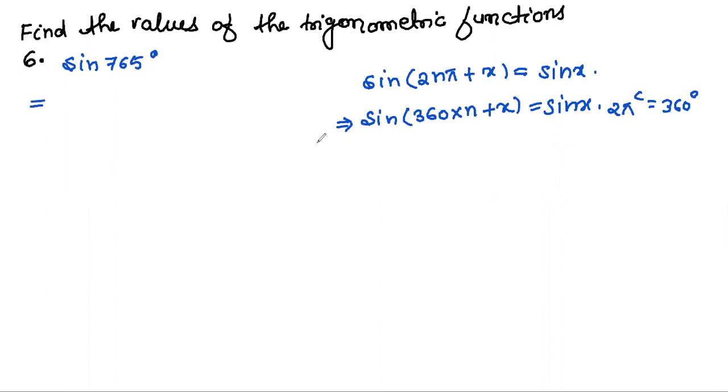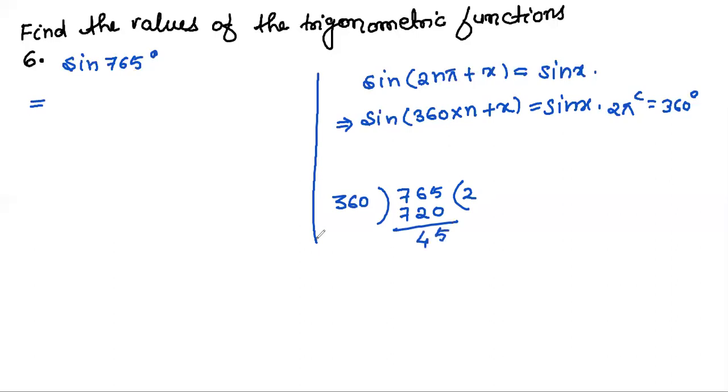For solving it, I have to divide the given degree by 360 degrees. 2 times we can take, so it is 720, and we get 45. So we can write 765 as 360 into 2 plus 45.